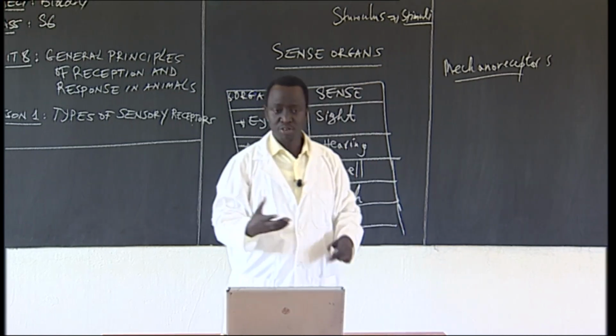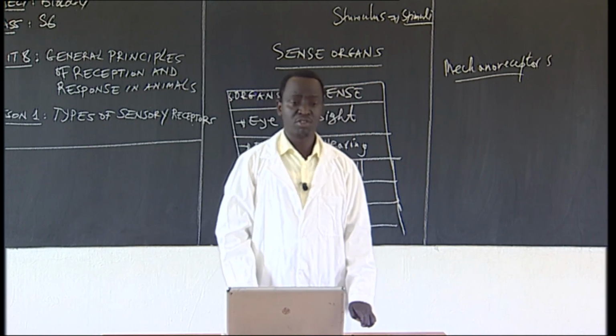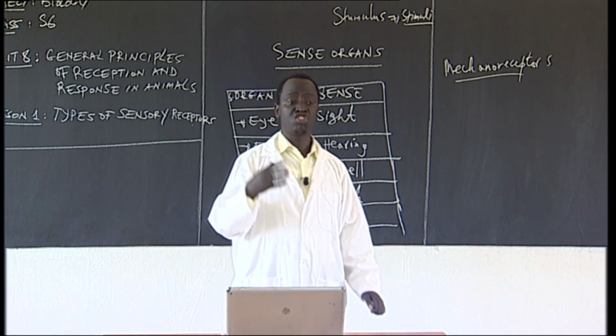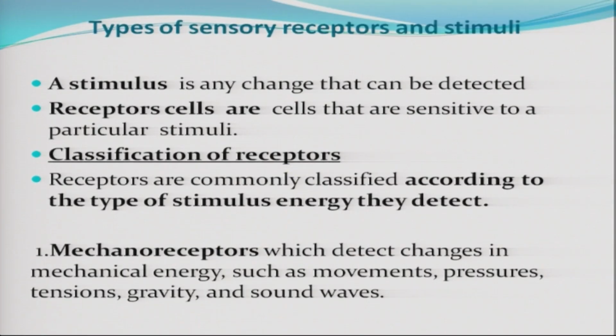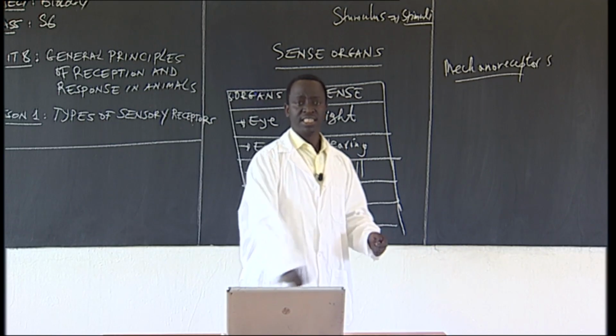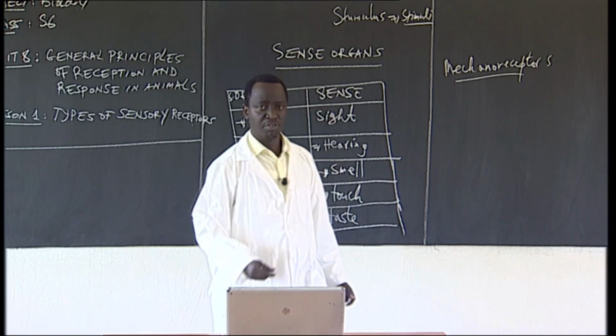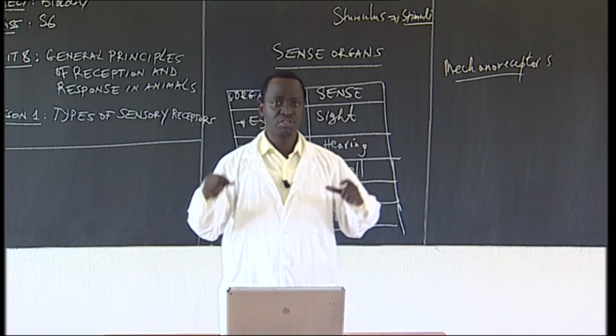So what are those kinds of receptors, mechanoreceptors? They detect change in mechanical energy, such as movement. When there is a movement, either movement of air or movement of sound, for example, if a car is moving on the road, you can hear the sound of the car.